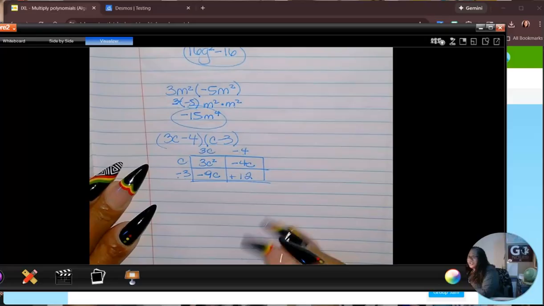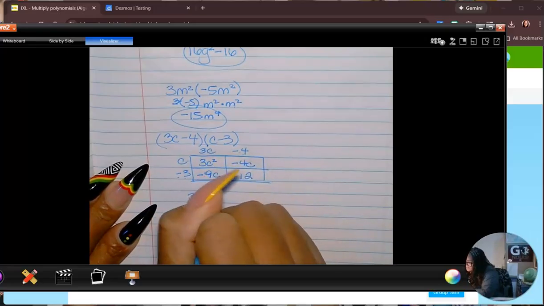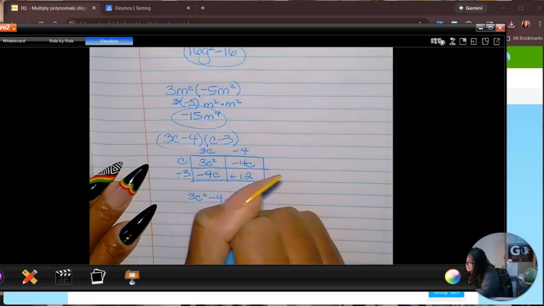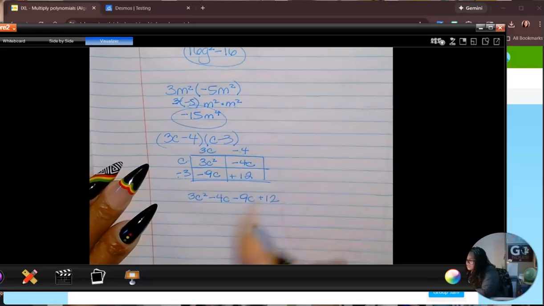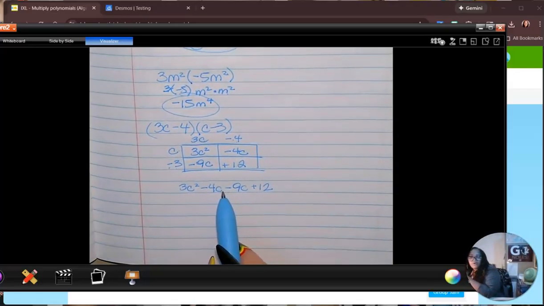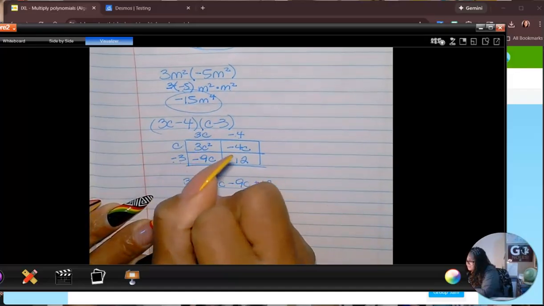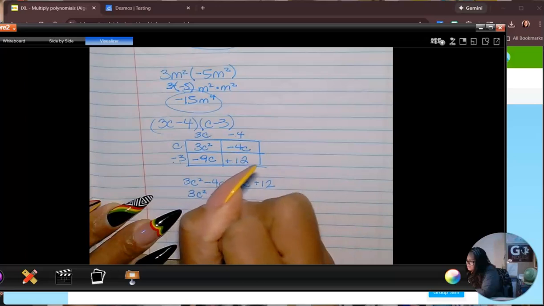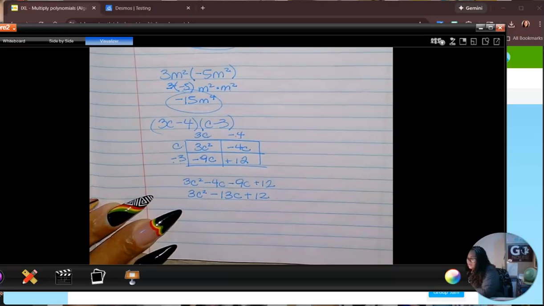Bring down all of your terms. So I will keep a middle term here. So this becomes 3c squared minus 4c minus 9c plus 12. So these will not zero out. These will get combined, and it will be negative 4 minus 9, which becomes negative 13. So bring down this first 3c squared, subtract 13c, and then add 12.